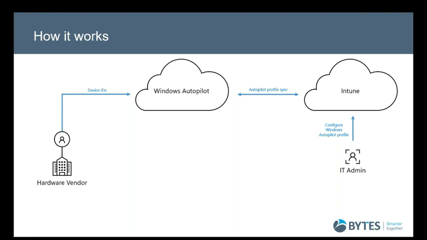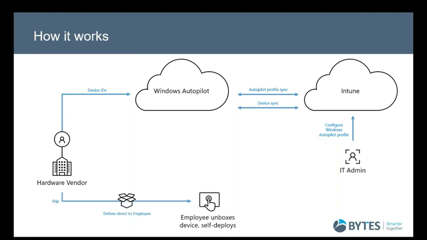And instead of the hardware being shipped to you as an IT admin, it is shipped direct to the employee. When the employee unboxes that device, it self-service deploys all of the applications and all of the management, all the profiles and everything that you've already configured via Intune. So it makes it very simple, easier to manage and easier to deploy. And as you can see, there has been no interaction between the IT admin and the employee. It's all been self-served directly from the factory.